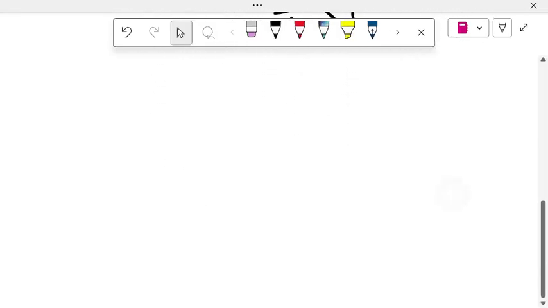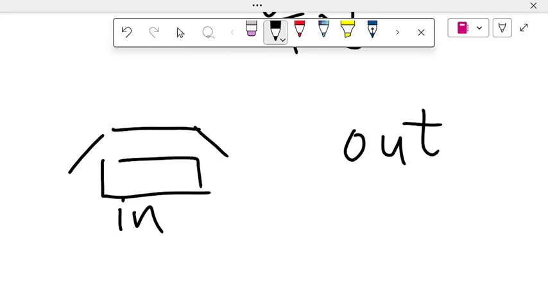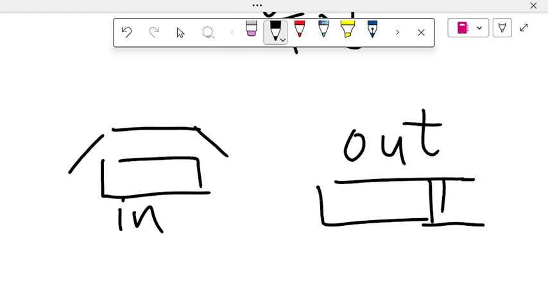So this is my house. This is interior, let's say outer space. Okay, I have here gas that is very cold.